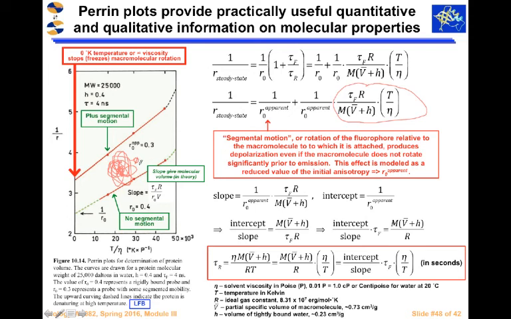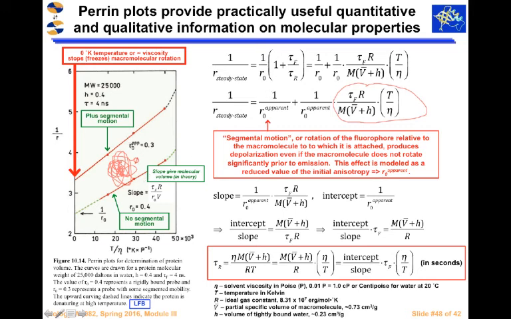That segmental motion tends to be fast on the fluorescence time scale, so whatever reorientation you can get out of it has happened before any fluorescence has happened.